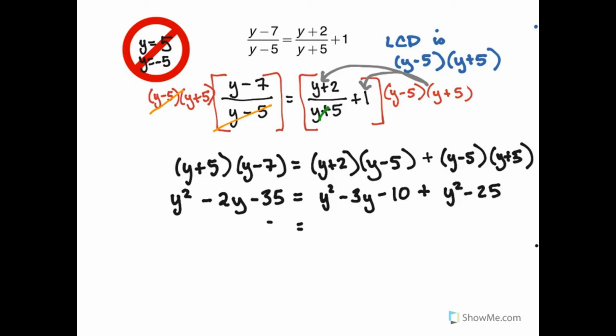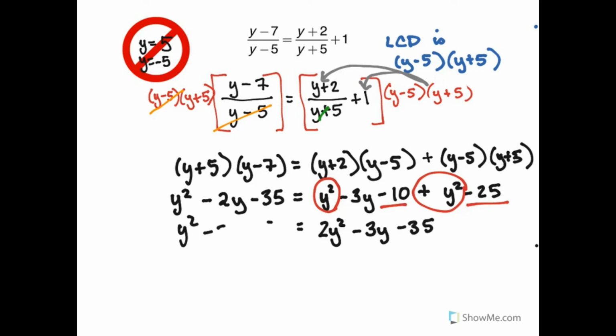Let's simplify. So I have y squared and another y squared. That's 2y squared. Minus 3y is the only y term, but there's a minus 10 and a minus 25. That gives me minus 35.